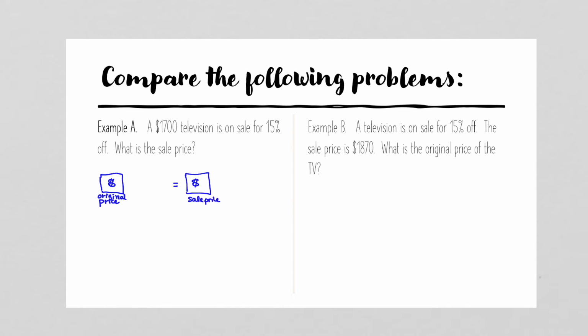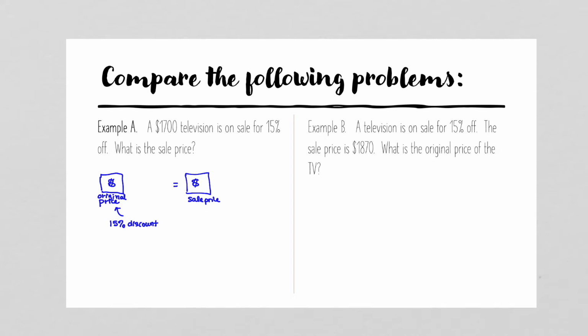Now, when I apply that 15% discount, am I applying it to my original price or my sale price? Well, we take it off our original price, right? We apply the 15% discount to the original price. In other words, we're going to take a percent of the original price, and thinking back to our percent equation, we always take a percent of our base.